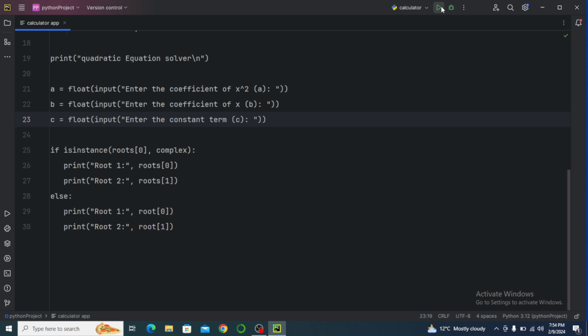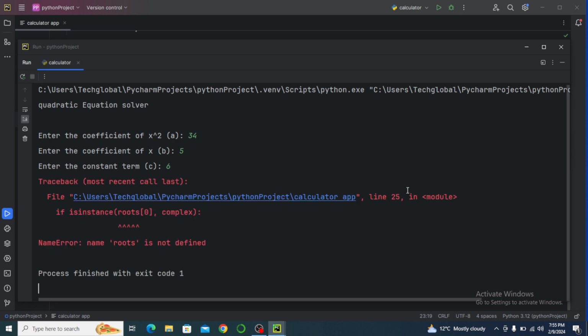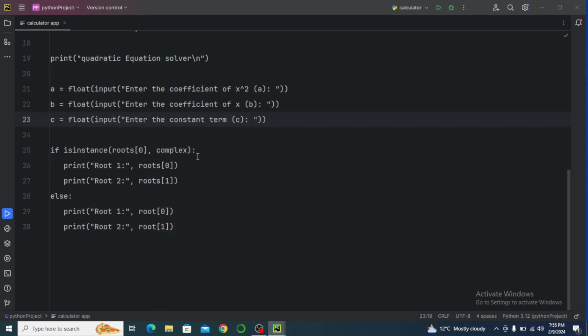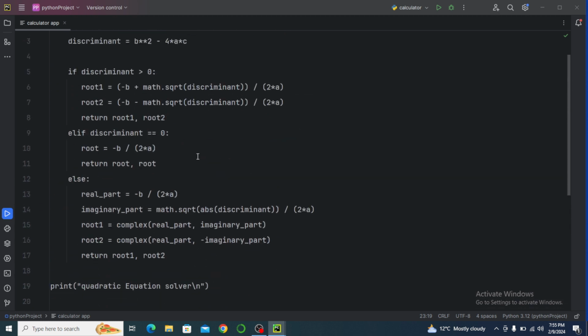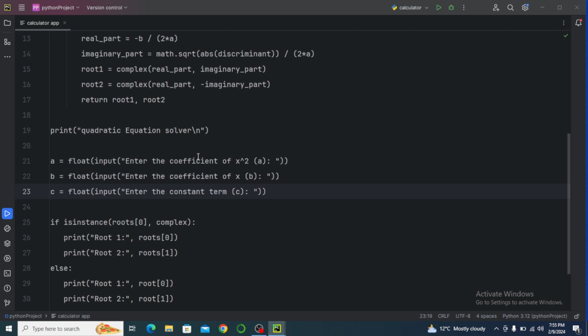So what's wrong? That's 34, 5, and 6. The root is not defined.